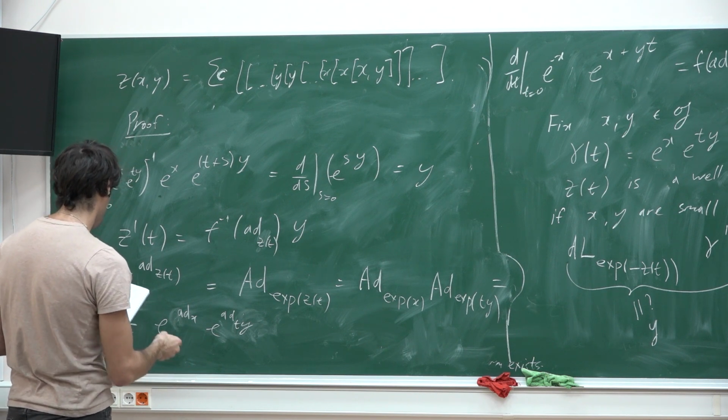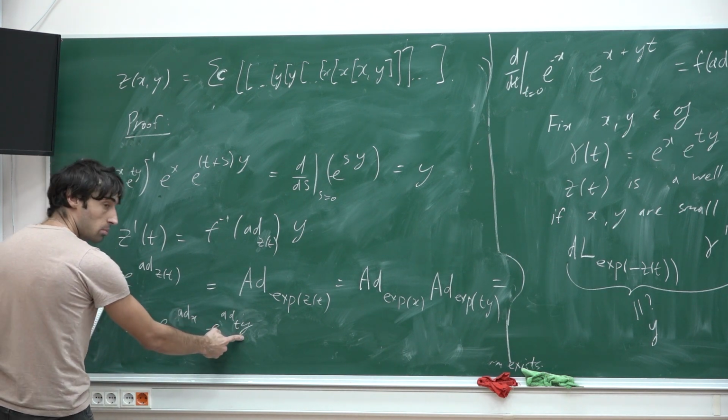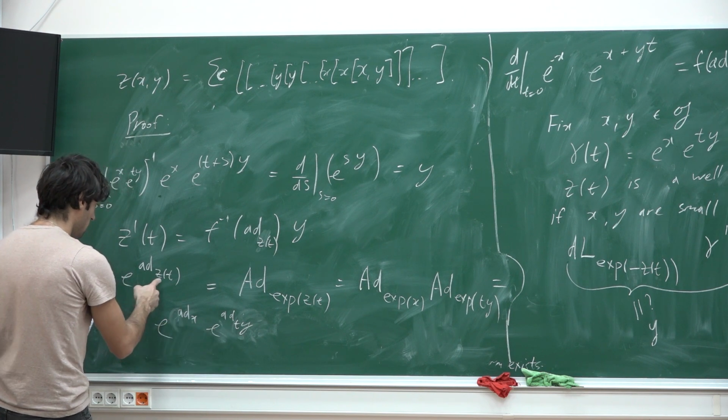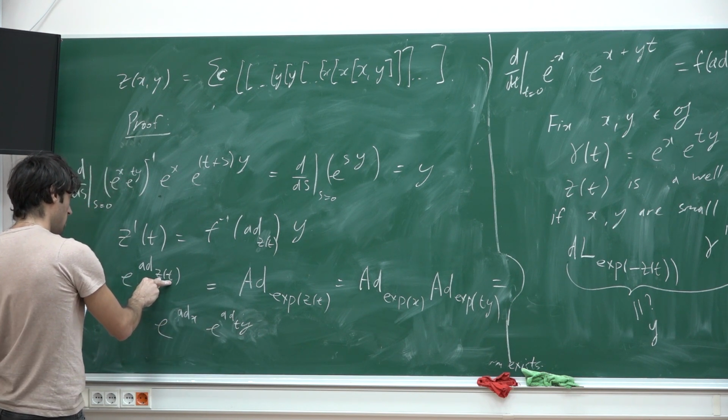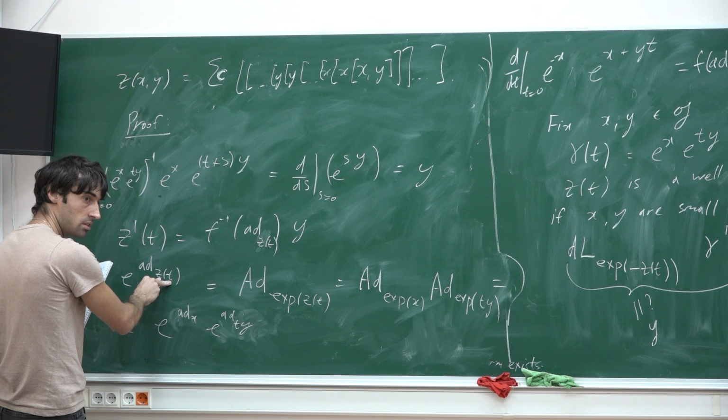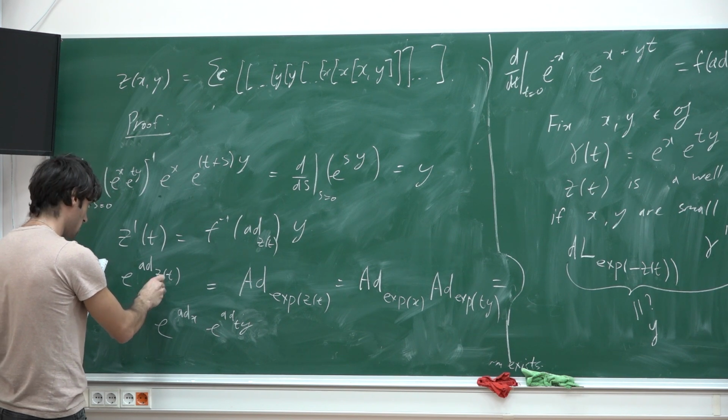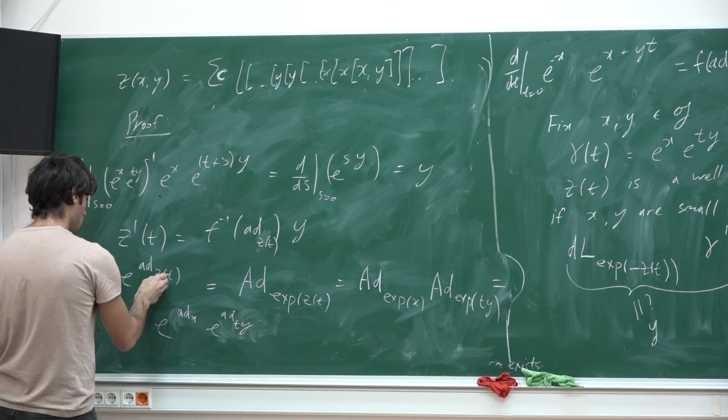So if x and y are small enough, then ad z of t is small enough.